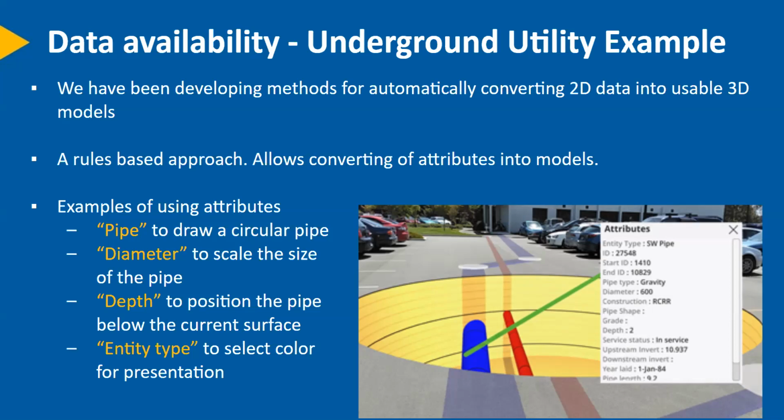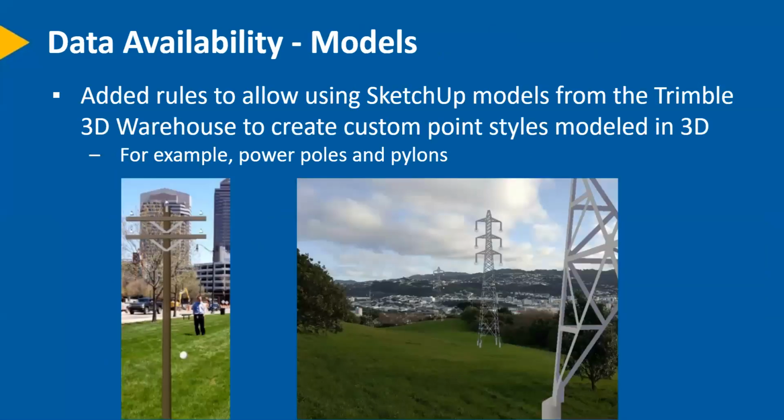So if you'd like to use your data for augmented reality purposes, make sure that the information and the context that you'd like to deliver to the field users is available in that data set. Other things like maybe your data set represents a utility like electric power poles. In your data is just a northing, easting, or lat long, and what you'd like to represent in the field is a model of a power pole, so it looks like a power pole and not a dot on the ground.